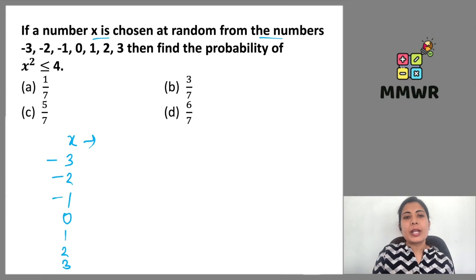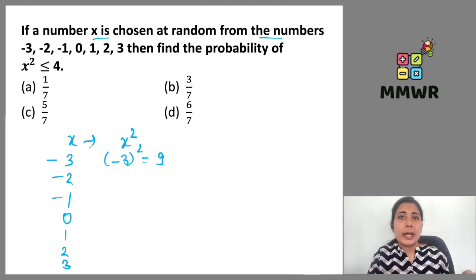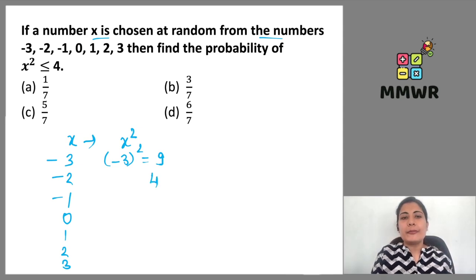We have to get the value for x square. So x square, that means the square of -3 will be 9. -3 multiplied by -3, minus minus becomes plus, and that gives us 9. -2 square will be 4. -1 square will be 1. 0 square is 0. 1 square is 1. 2 square is 4. 3 square is 9.